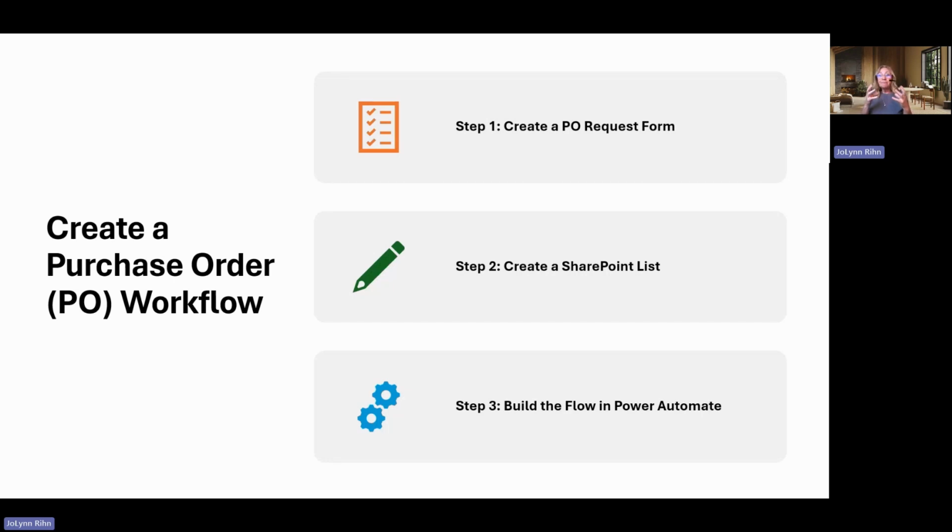It could say, if it has an attachment, we want to take that attachment and save it to a SharePoint document library. Then once it's in the SharePoint document library, I want to have it notify this particular person.